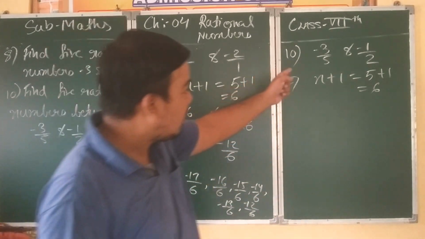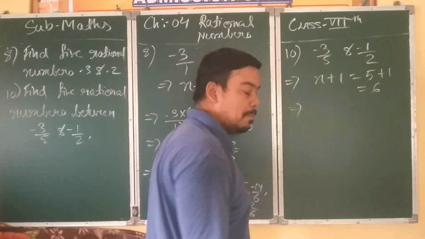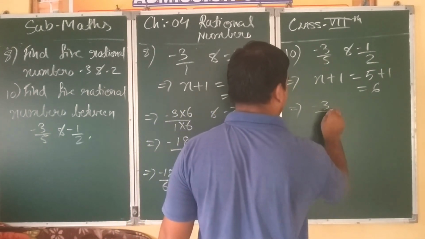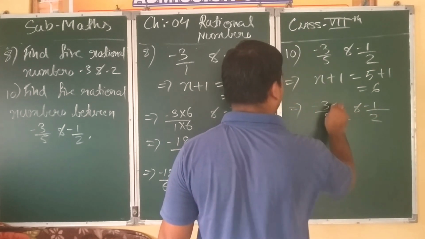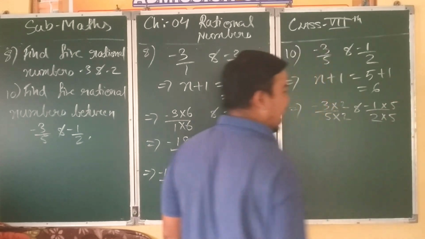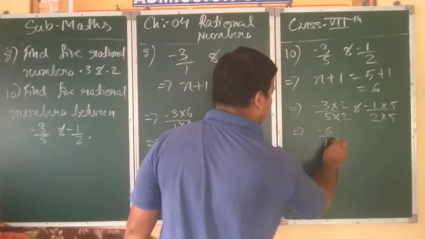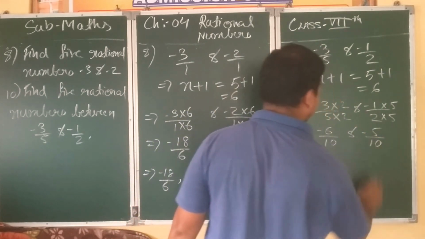But here the denominators are not constant. So first of all we make the denominators equal. So minus 3 by 5 is multiplied by 2 and minus 1 by 2 is multiplied by 5, both numerator and denominator. So minus 6 by 10 and minus 5 by 10.